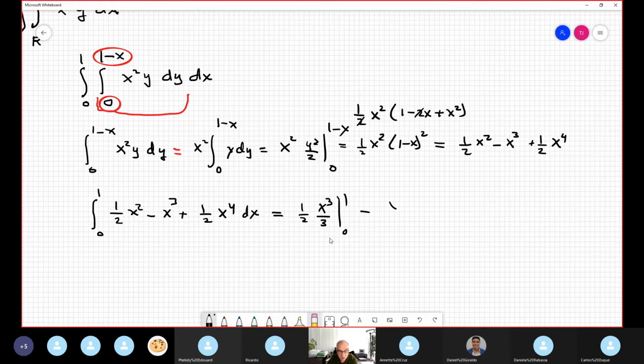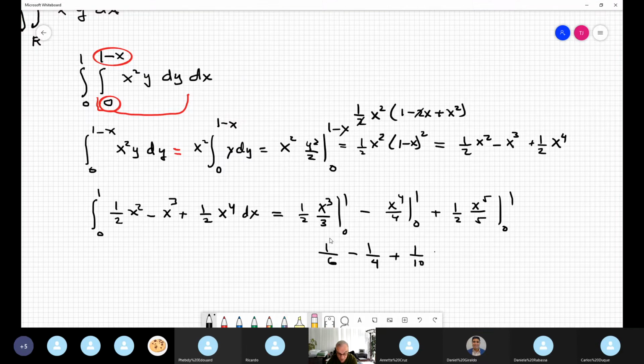Minus x to the 4th power divided by 4, evaluating between 0 and 1. And this is 1/2 again, x to the 5th power divided by 5, evaluating between 0 and 1. This is 1/6, this is 1/4, and this is 1/10, because 2 times 5 is 10. And the answer is 1/60.